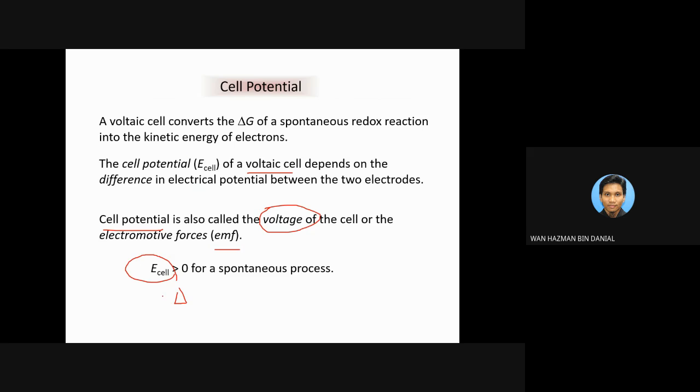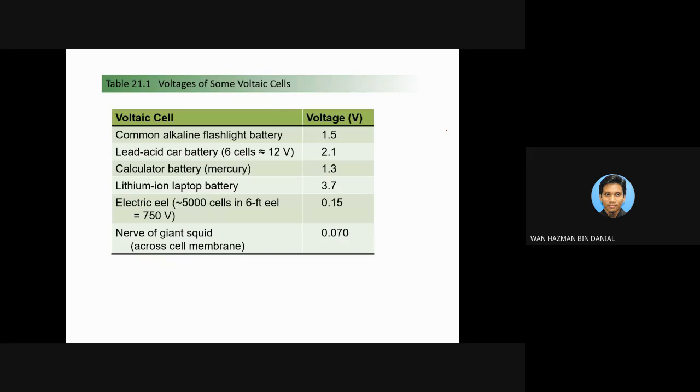So, kalau delta G is less than 0, so maksudnya dia adalah spontaneous reaction. Tapi it's the other way around for the potential. Potential dia kena positif lah, kalau tidak dia tak produce lah electricity kan. So bila dia produce electricity, maksudnya dia ada voltage, dia ada potential. So E cell dia should be more than 0. Okay, so kalau for electric cell, ni lah, it's the other way around.